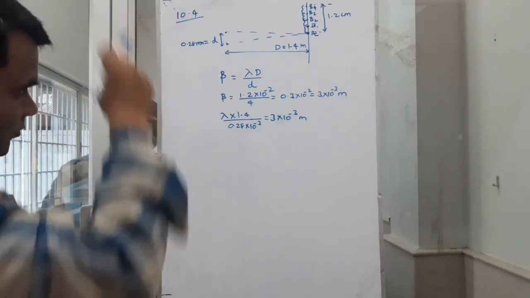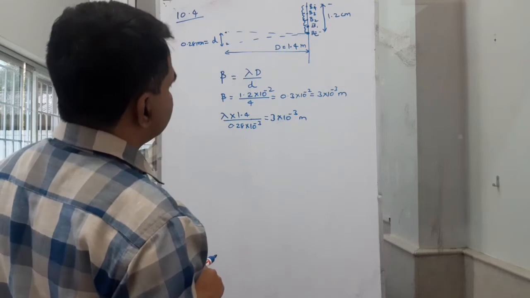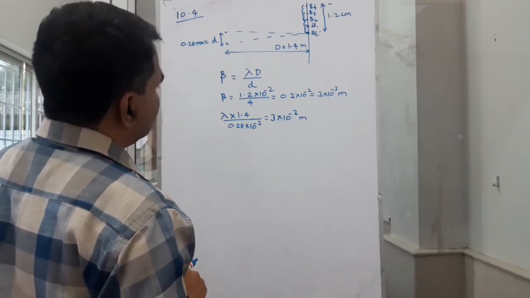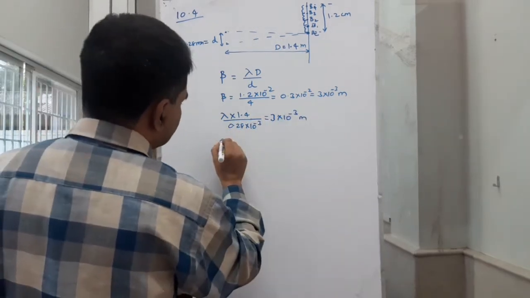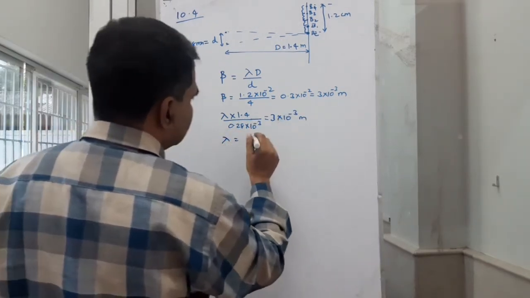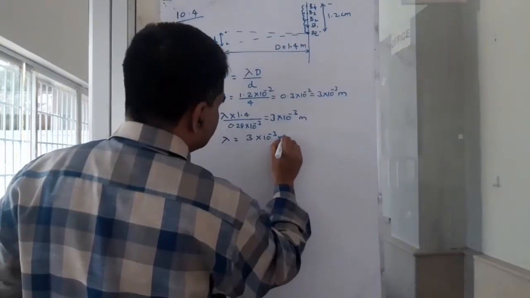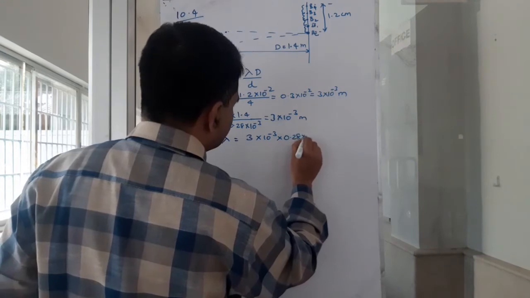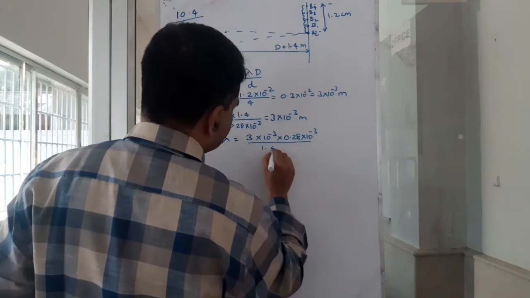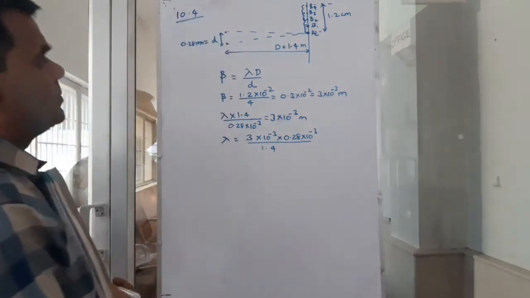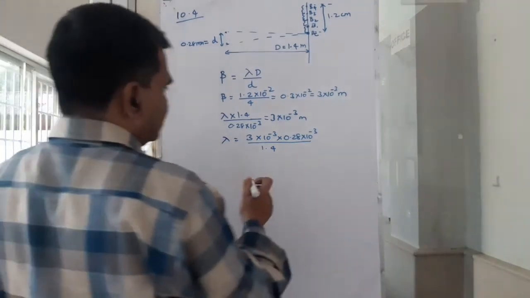What can I do? I can say that lambda is equal to 3 times 10 to the power minus 3 times 0.28 times 10 to the power minus 3 divided by 1.4. What can I do now?